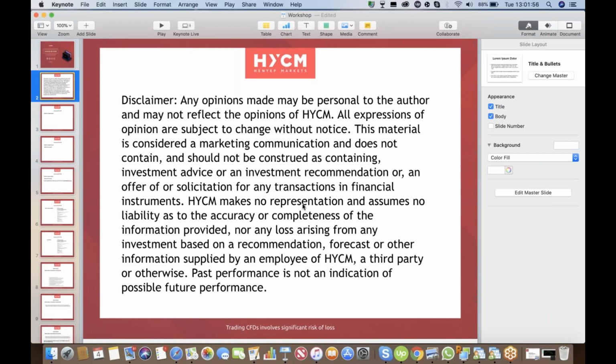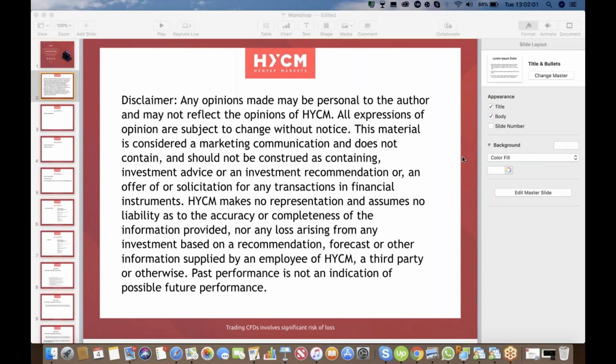So to that end, I've provided a handout for you. If you look on the right hand panel of your GoToWebinar control panel, you'll see a little triangle presented by the word handouts, and it should say 1 of 5.